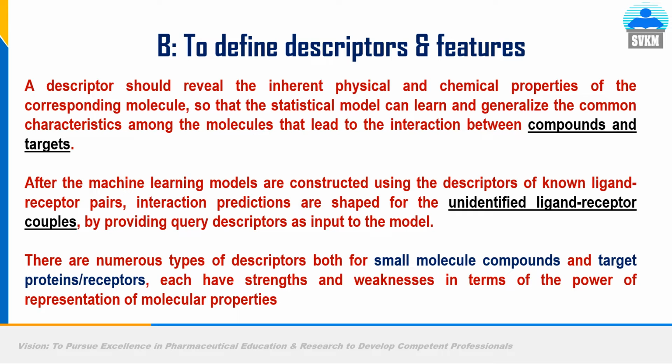There are numerous types of descriptors both for small molecule compounds and target protein receptors. Each has strengths and weaknesses in terms of the power of representation of molecular property. So already we have discussed that hundreds of thousands of descriptors can be there for each molecule, but we have to choose only those signature descriptors which make that particular molecule effective for a particular receptor.